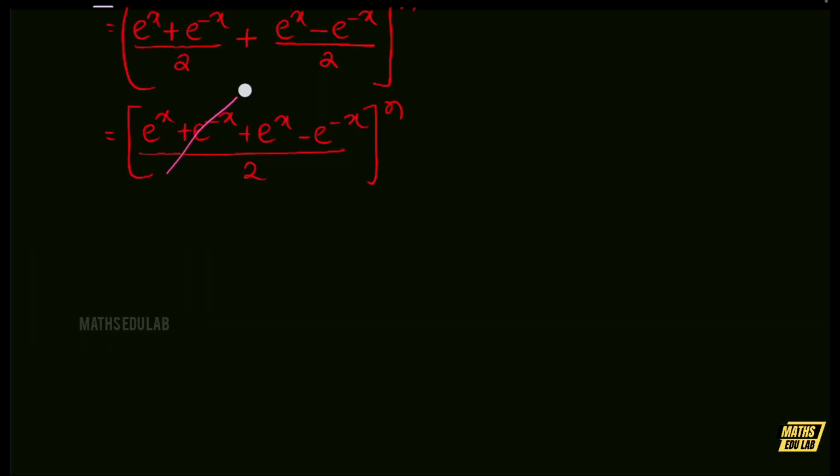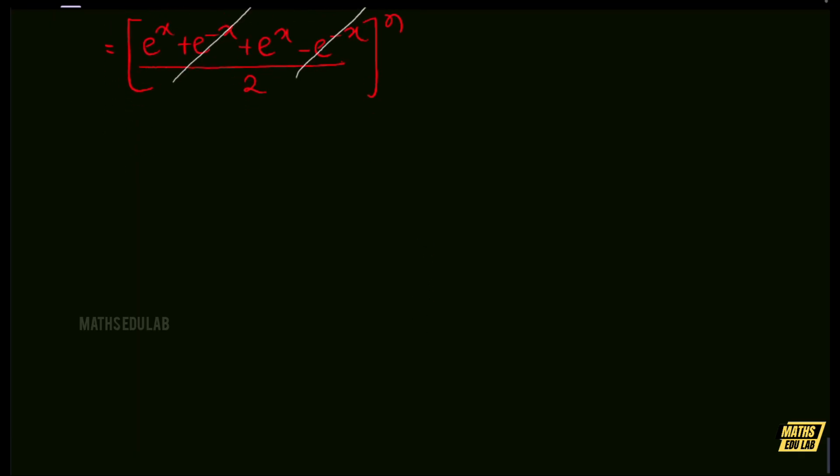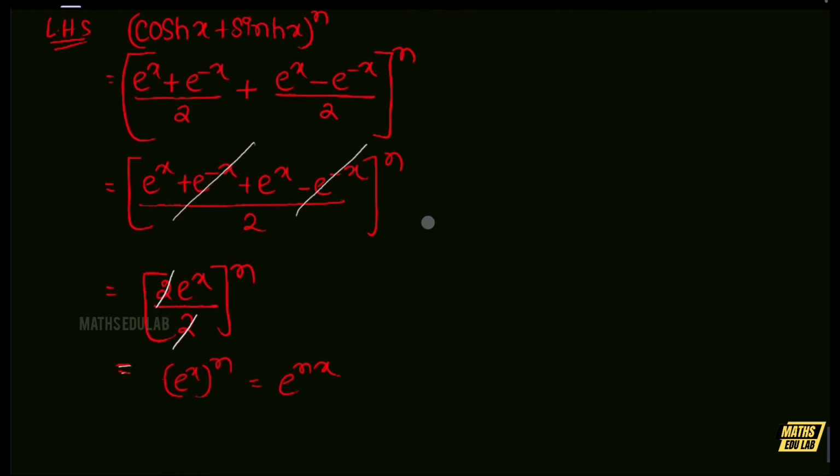That means plus e^(-x) and minus e^(-x) will get cancelled out, and then (2e^x/2)^n. So here also again the two values get cancelled out and the remaining one will be (e^x)^n, which will be written as e^(nx).